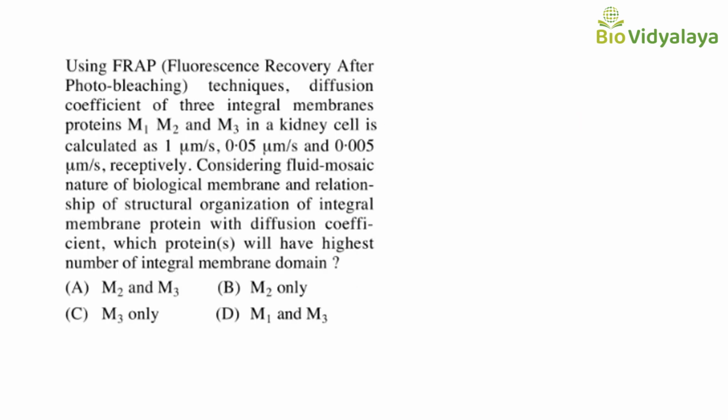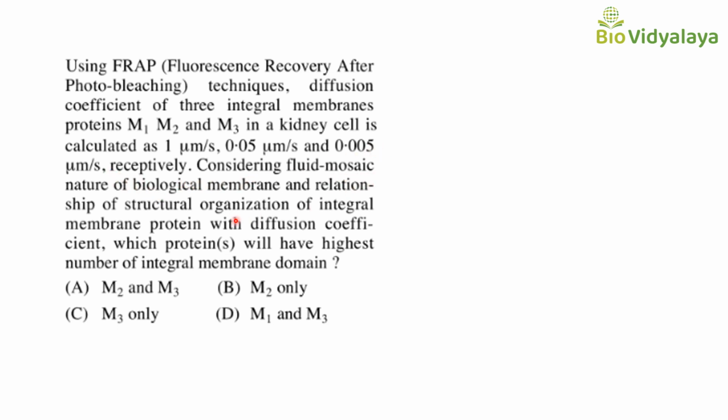This is the last question. This is also a CSIR NET previous year question. Using the FRAP, fluorescence recovery after photobleaching technique, the diffusion coefficients of three integral membrane proteins M1, M2 and M3 in a kidney cell are calculated as 1 μm per second, 0.05 μm per second and 0.005 μm per second respectively.